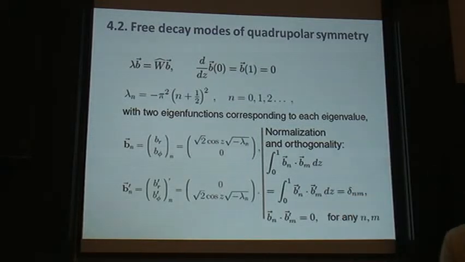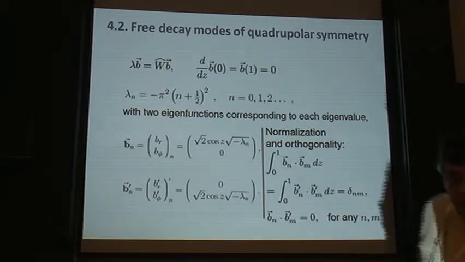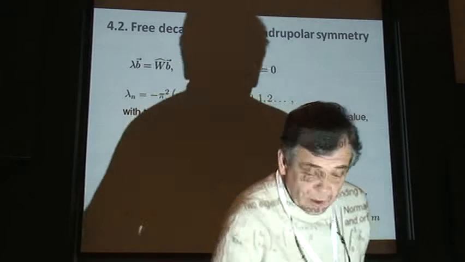It's clear that the solutions of this equation are B_R is A times sine of root of minus lambda z plus B cos root of minus lambda z, and then I will satisfy the boundary conditions. So everything is just trivial.